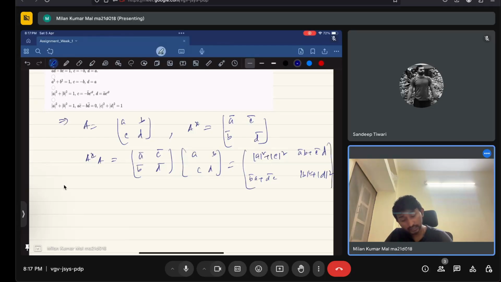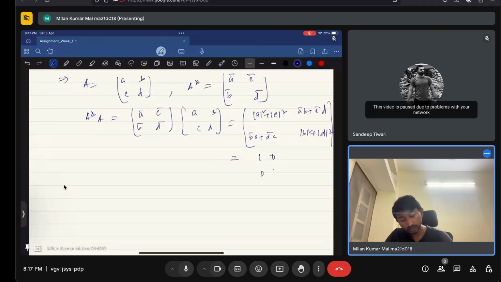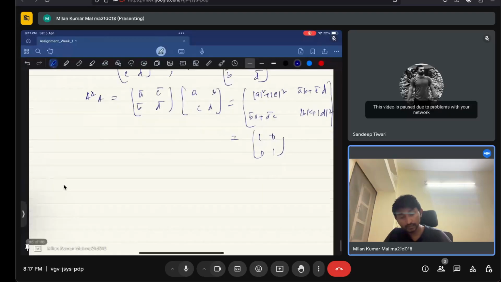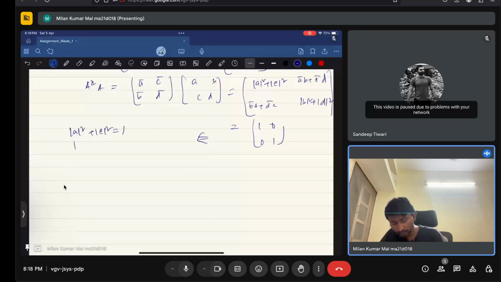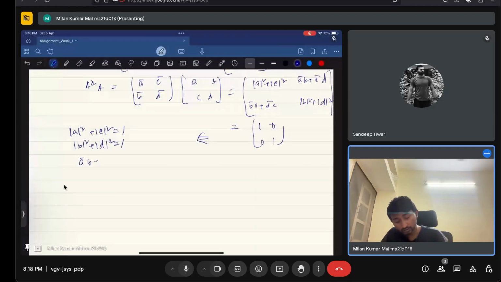And this is equal to [1 0; 0 1]. That implies mod of A square plus mod of C square is equal to 1, mod of B square plus mod of D square is equal to 1, and A bar B plus C bar D is equal to 0. So these are the options.